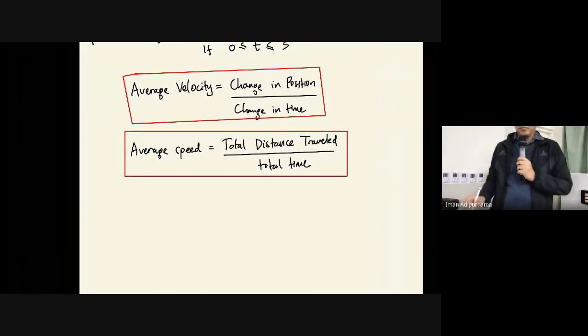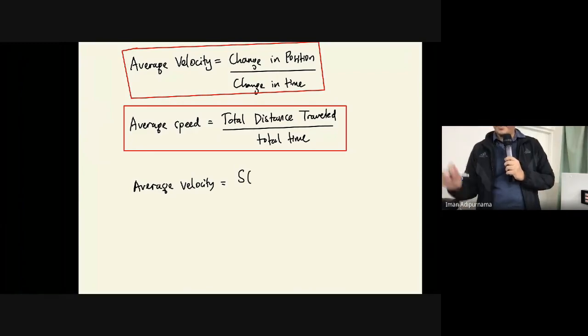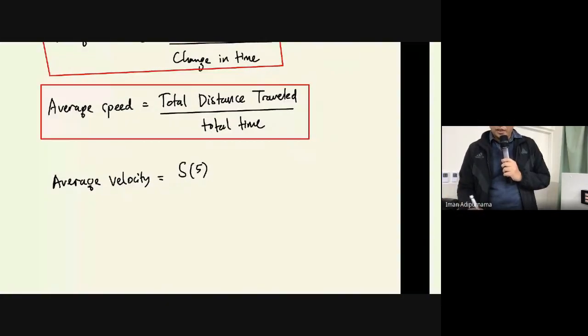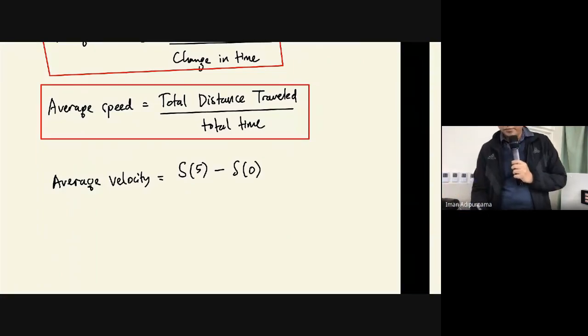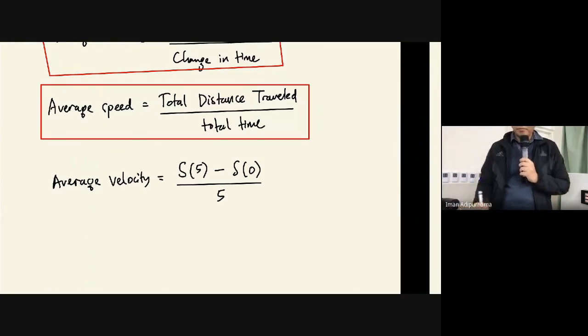So I think we can get the average velocity easily. By definition, it is s at the endpoint, where t is 5, minus s at the initial point, where t is 0, divided by the time, which is just 5 minus 0, so 5.